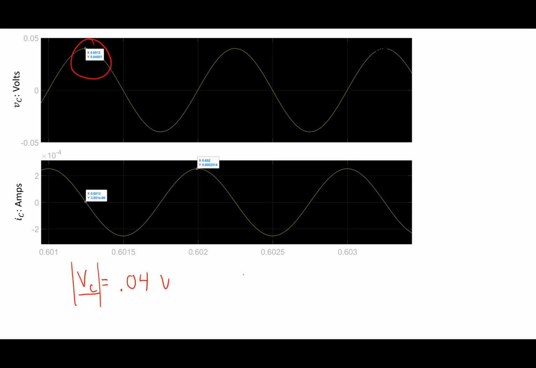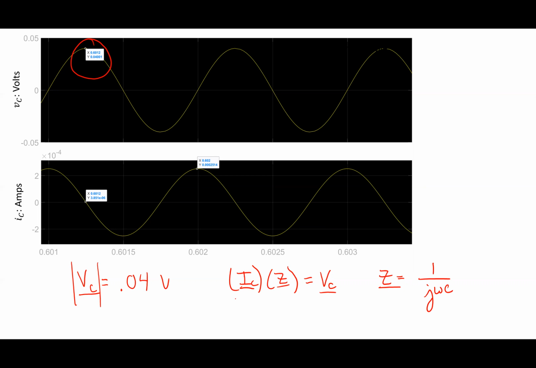So what I said before is that I times Z is equal to V. Ohm's law. I said that the impedance of that capacitor is equal to 1 over j omega c.